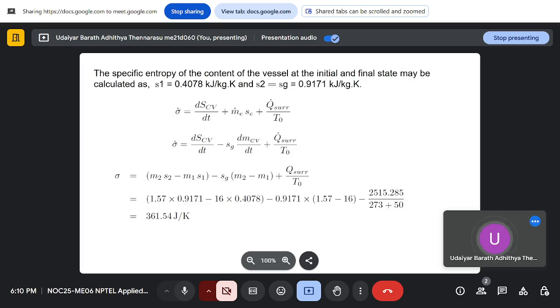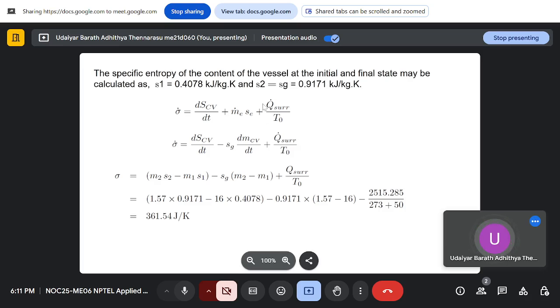So next is when we apply an entropy balance for this process. We get sigma dot is dS_CV by dt plus m dot e s_e plus Q dot surrounding by T naught.